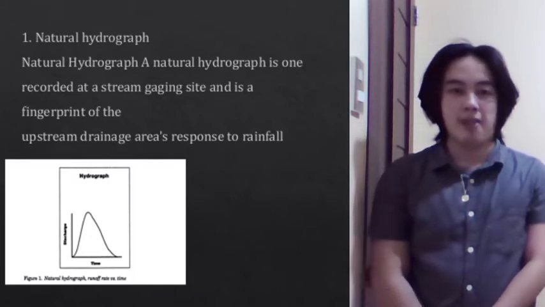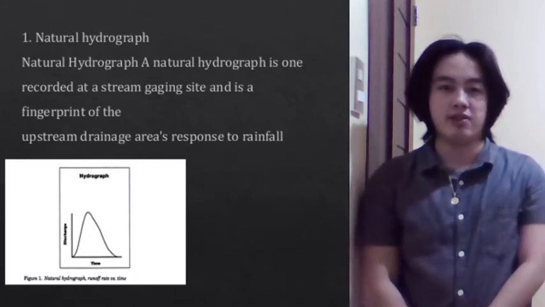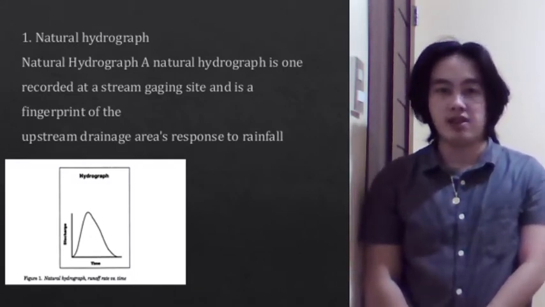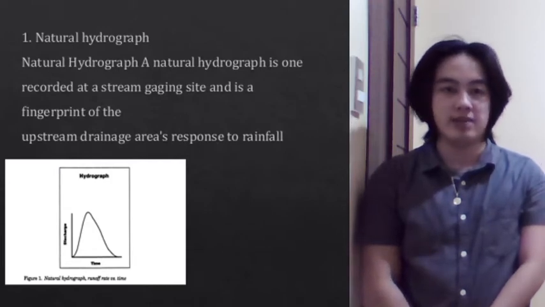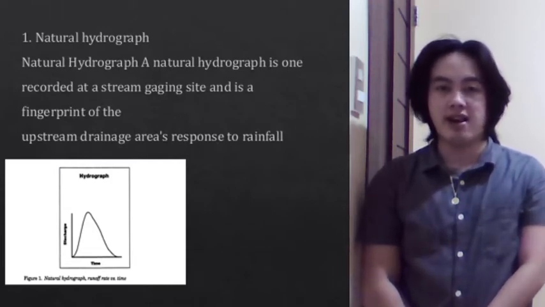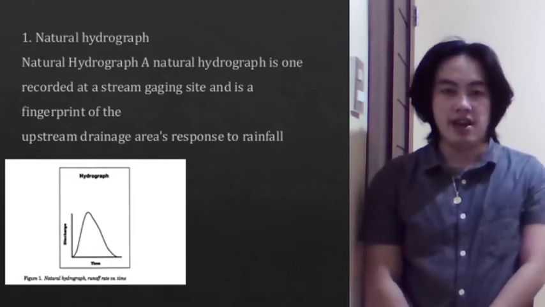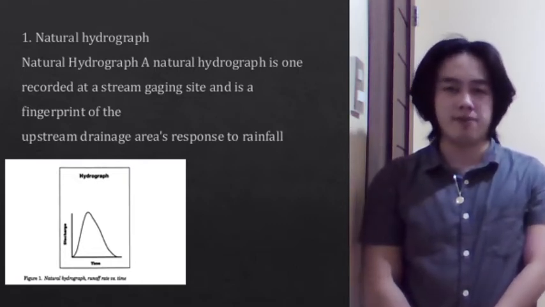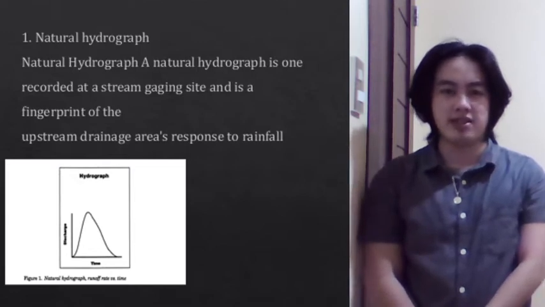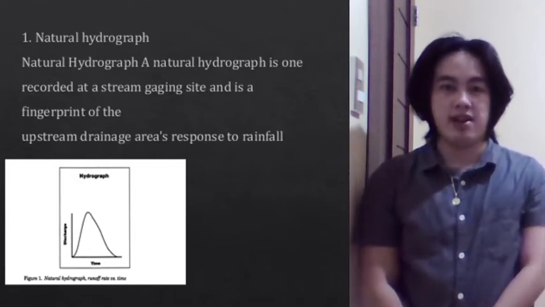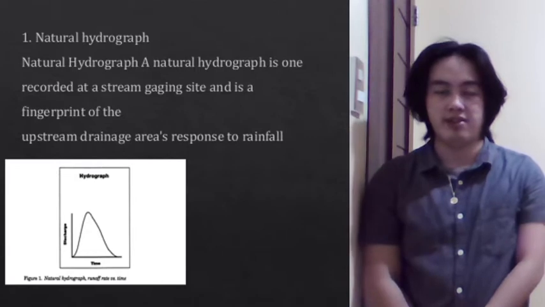First is the natural hydrograph. A natural hydrograph is one recorded at a gauging site, the fingerprint of the upstream drainage area's response to rainfall. In this figure is an example of a natural hydrograph.